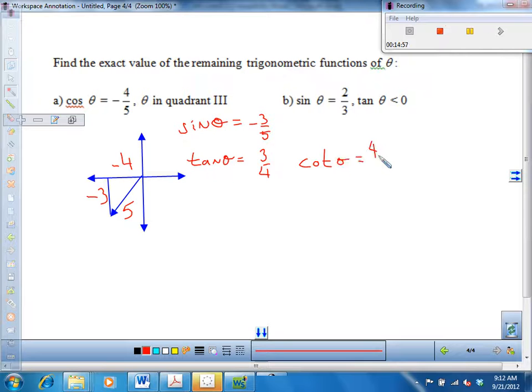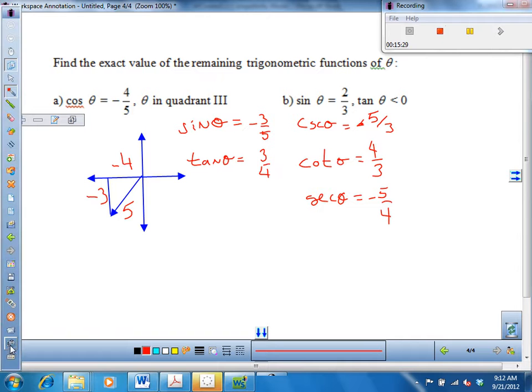And then we need cosecant, which is the reciprocal of this, which is just negative 5/3. And secant theta is the reciprocal of cosine, which is negative 5/4. Is that hard? Too hard. Okay.